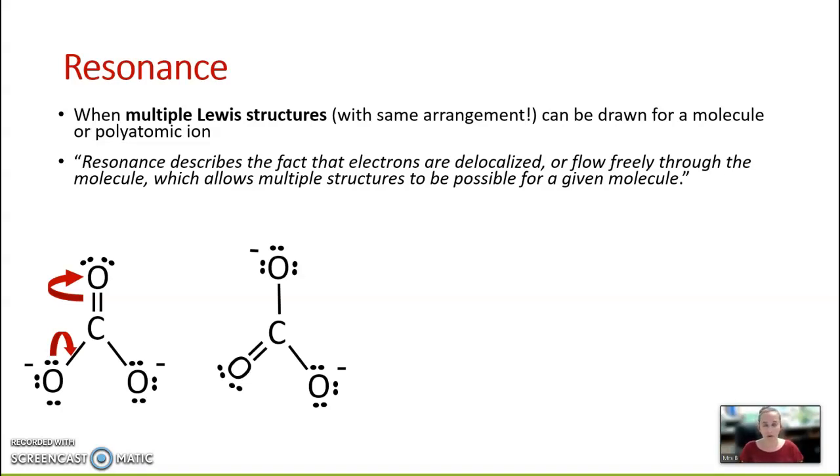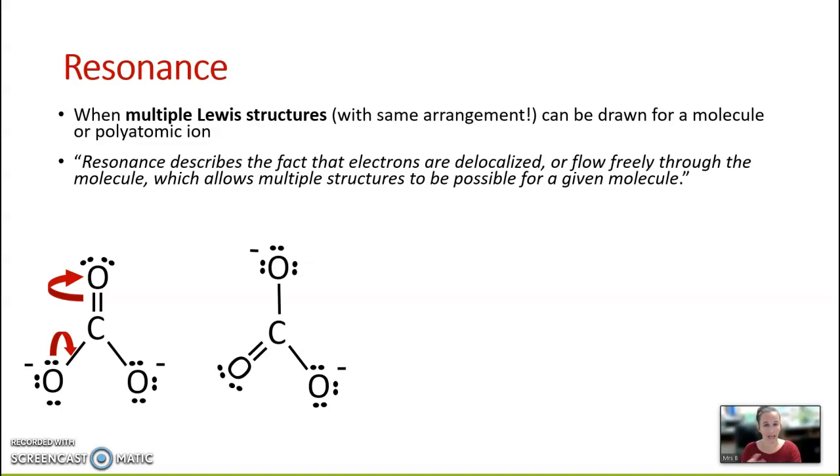Again, it's the same overall thing. We have the same number of valence electrons, the same charge on the ion, and the same arrangement, still carbon bonded to these 3 oxygens, but because of the movement of electrons, we have a slight change in our Lewis structure. So these Lewis structures aren't identical because we have a movement of electrons.